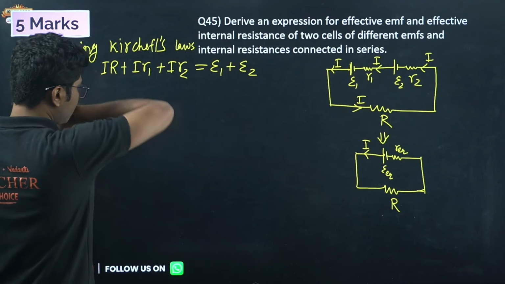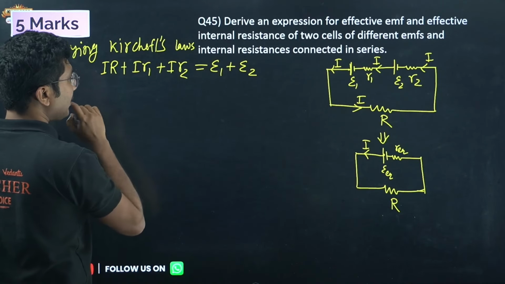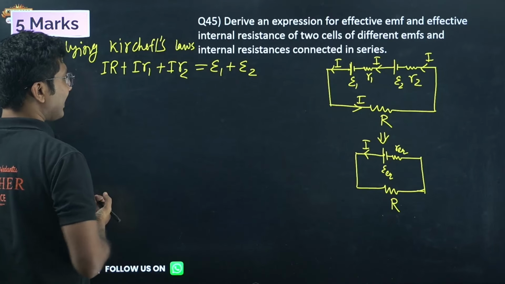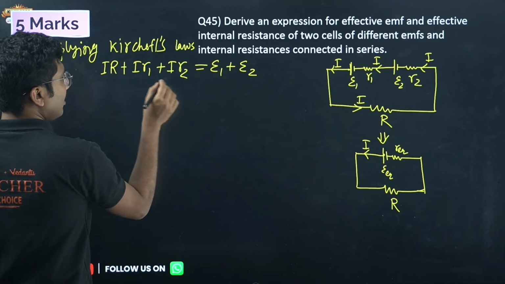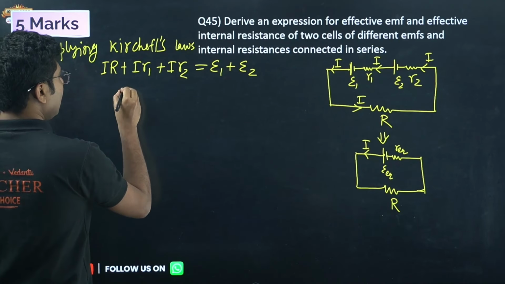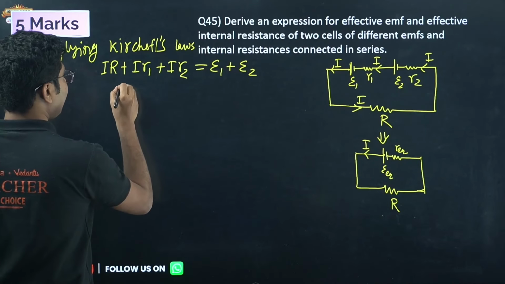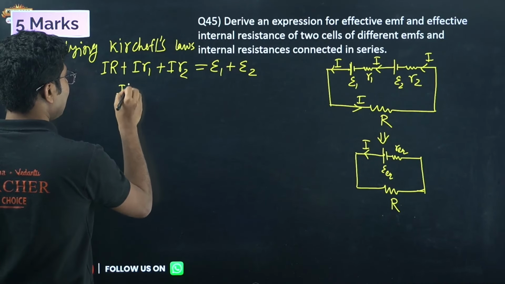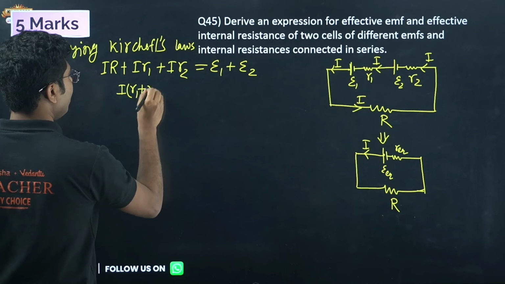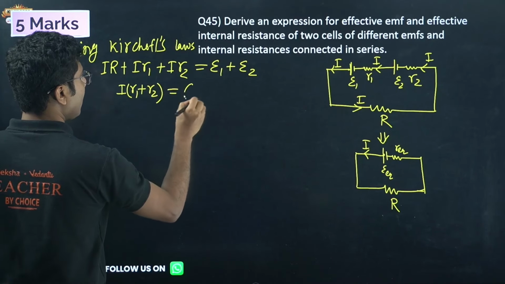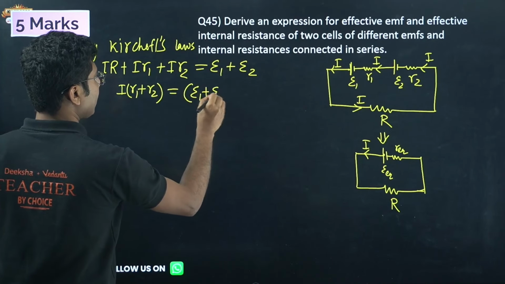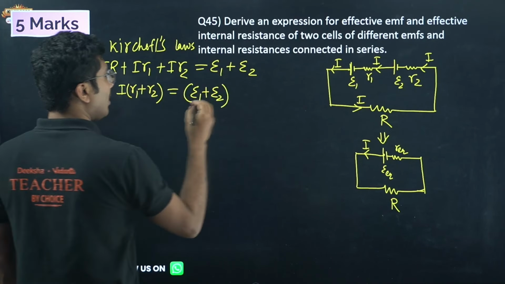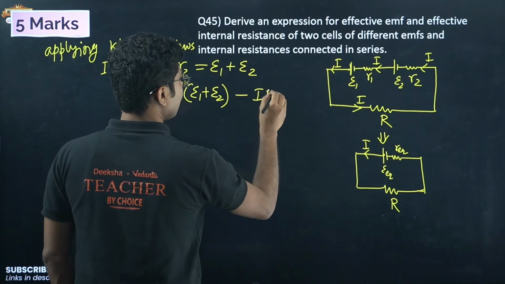Now we will try to find either this current, or we will take I into R1 plus R2 equals epsilon 1 plus epsilon 2 minus IR.